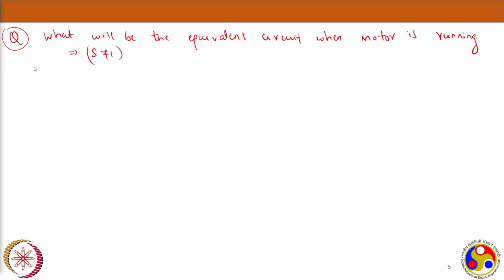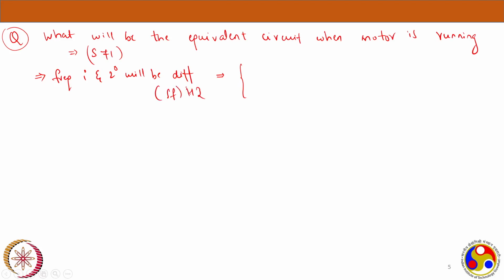See, now since S exists, frequency at primary and secondary will definitely be different. The slip frequency would come because of those. What are the changes you would see? Because now the frequency is Sf hertz, right? If the frequency was 50 before, now it will be 50 times slip.